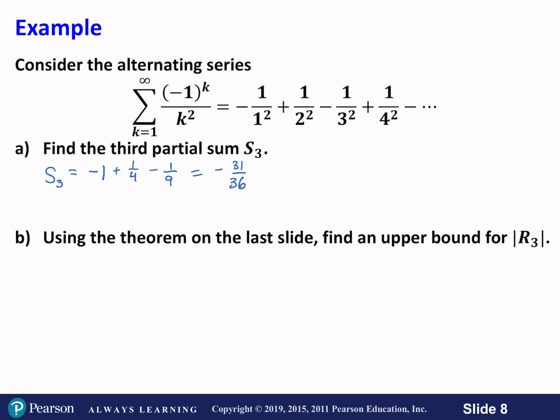And I can tell you that using the theorem on the last slide, the remainder for our estimate here is no larger than An plus 1. So in this case, A3 plus 1.